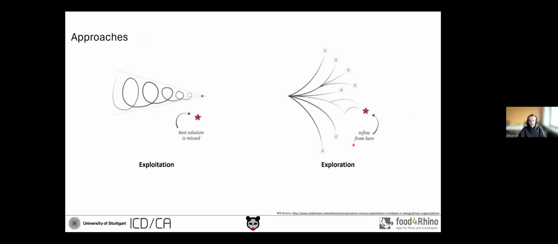Exploration, on the other hand, tries to maximize the space coverage, right? So if we think back about these spaces I talked about in the beginning, in exploration, we really want to set out and look at as many different points as possible. And we just hope that somewhere we find points that are better than others. And really what the optimization algorithms then do is they switch between these two strategies, right?